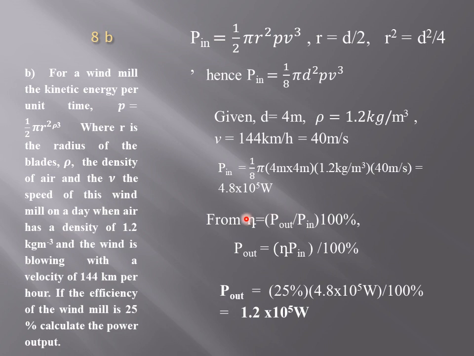We multiply by power input and we divide by 100. So if we substitute 25% for efficiency times the power input, which is what we have calculated up here, 4.8 times 10 to the power 5 watts, and divide it by 100%, we will have 1.2 times 10 to the power 5 watts. That is the power output.